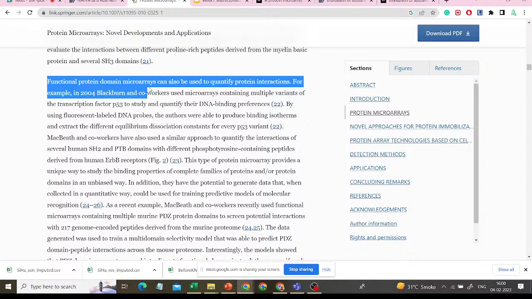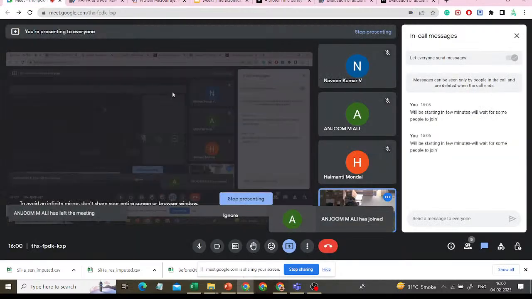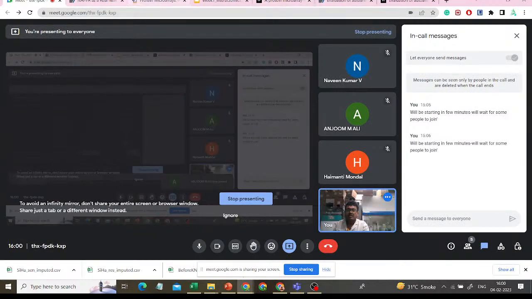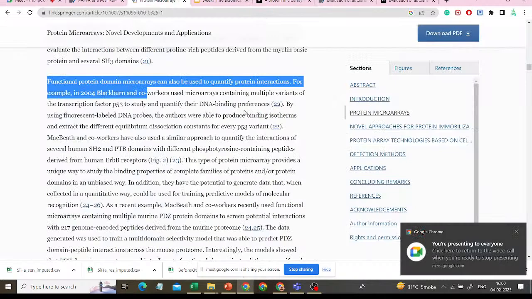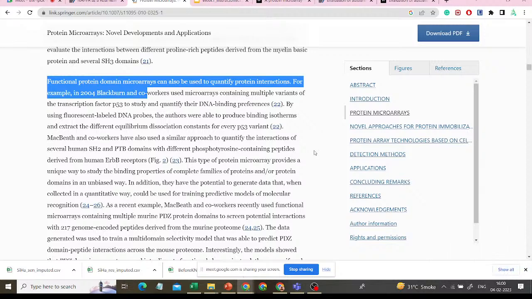Another important thing is that functional protein domain microarrays can also help you to quantify your protein interactions. Using your frozen level, it will help you identify the differential equilibrium.